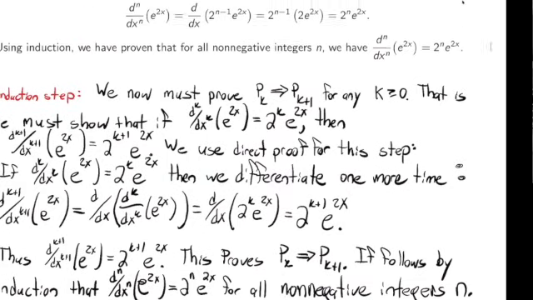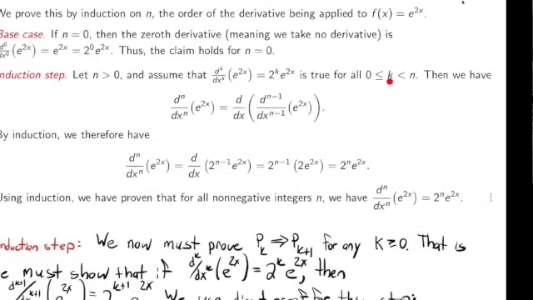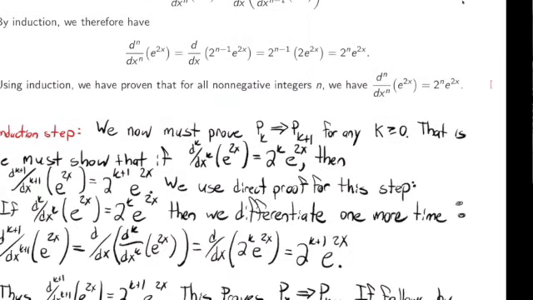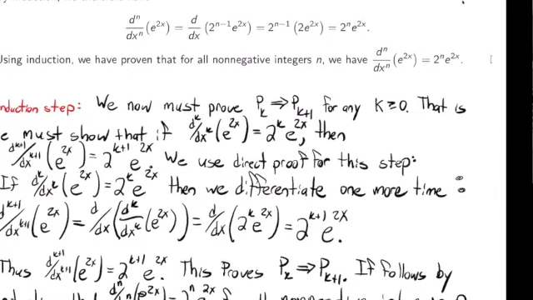So the only difference is, rather than assuming this holds for all values of k less than n, they just assume that it holds for the value k, and then they try and show that it also has to hold for the next integer, which is k plus 1. And if you look through this proof, it's essentially identical to the one that we have above.